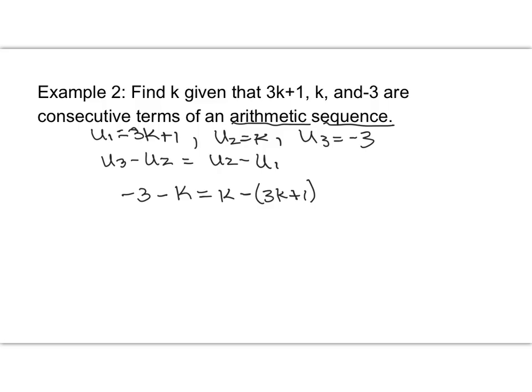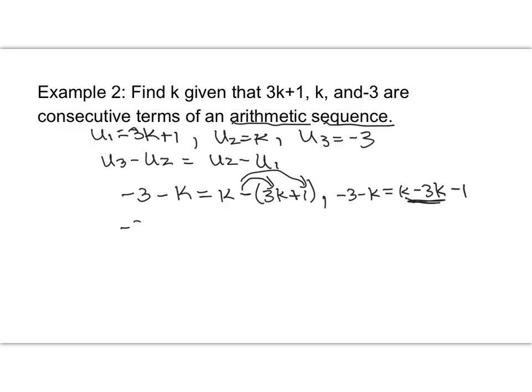Here's the tricky part. I have to be careful and distribute that negative sign to both of those. So I end up with negative 3 minus K is equal to K minus 3K minus 1. And then I'm going to combine my like terms here.